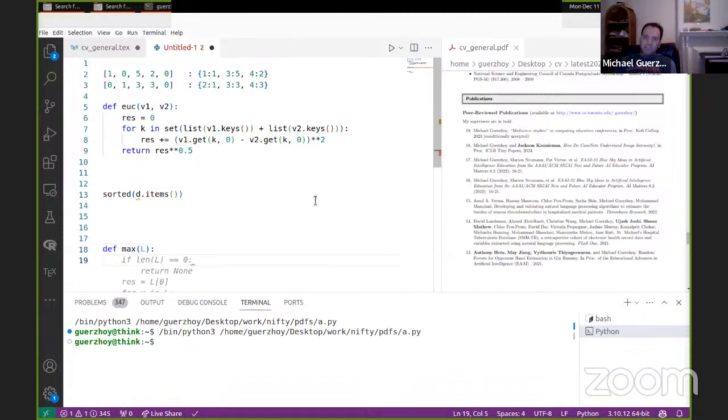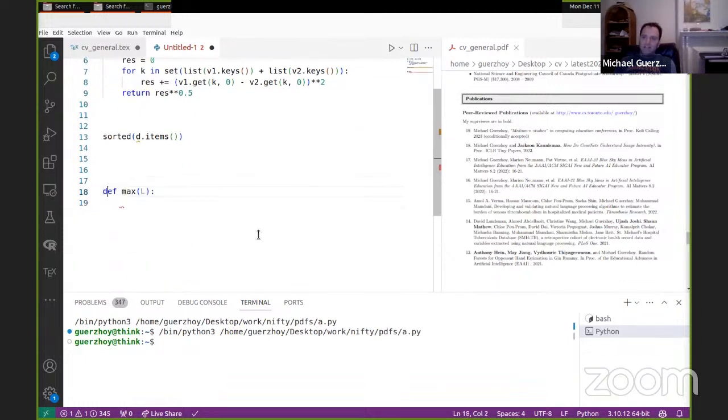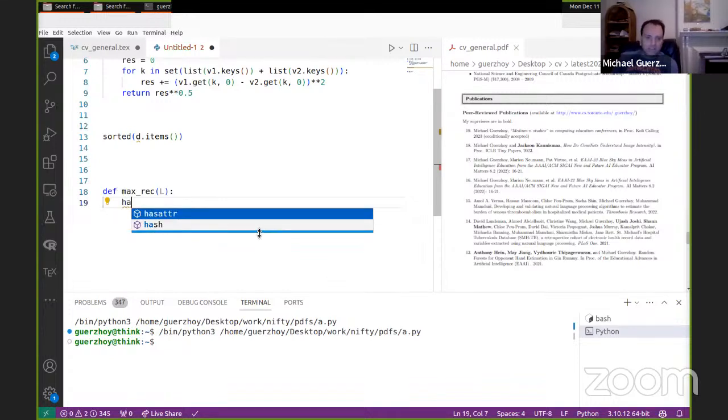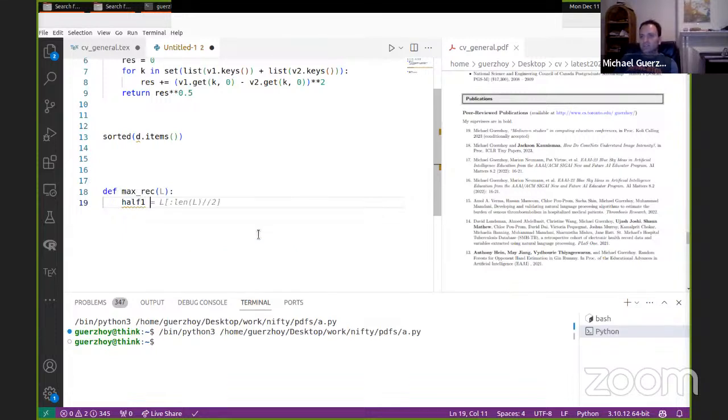So let's say that I want a recursive max. And the way I want to do it is I want the maximum of the first half and the maximum of the second half, and then I want the max of both. Oh, Cecilia came back. Okay, so let me finish this example anyhow. So this would be like this.